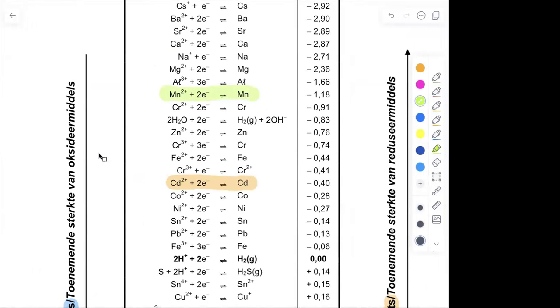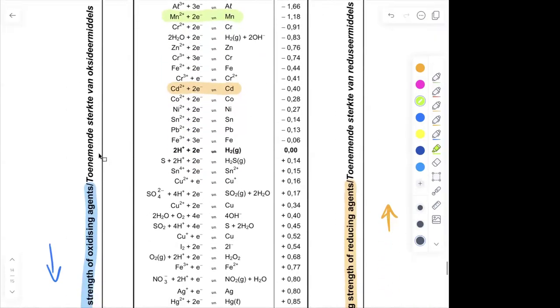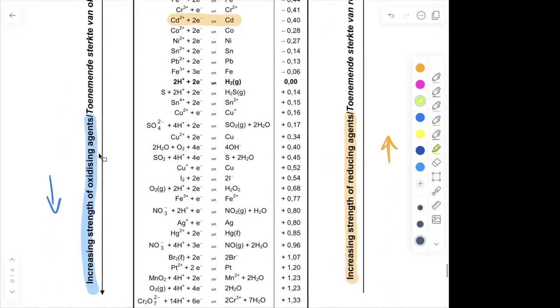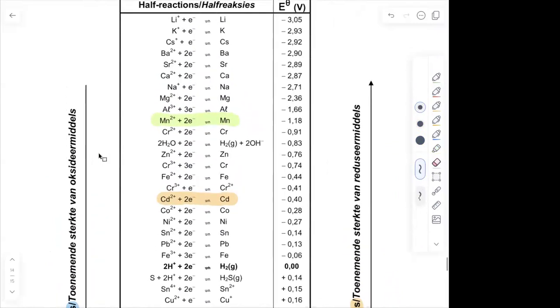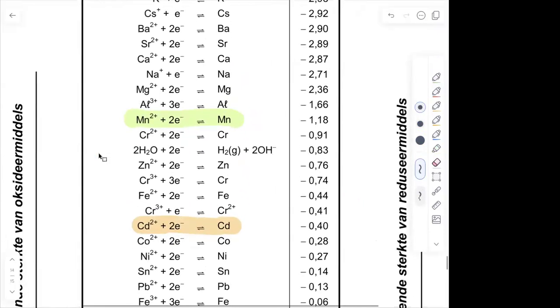Before I look at the options they gave us, let's see which one is going to have that reduction happen. Remember, we need to find strong reducing agents, because they help us undergo reduction. So we need something stronger than where our Cd is.